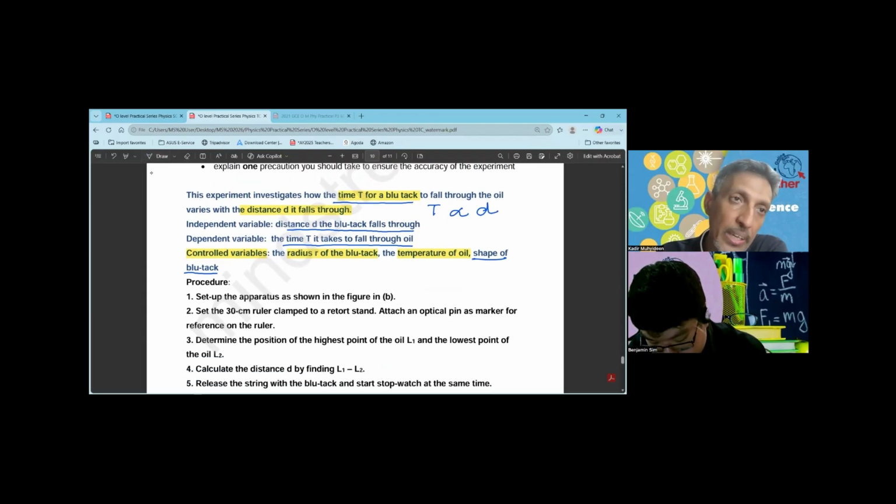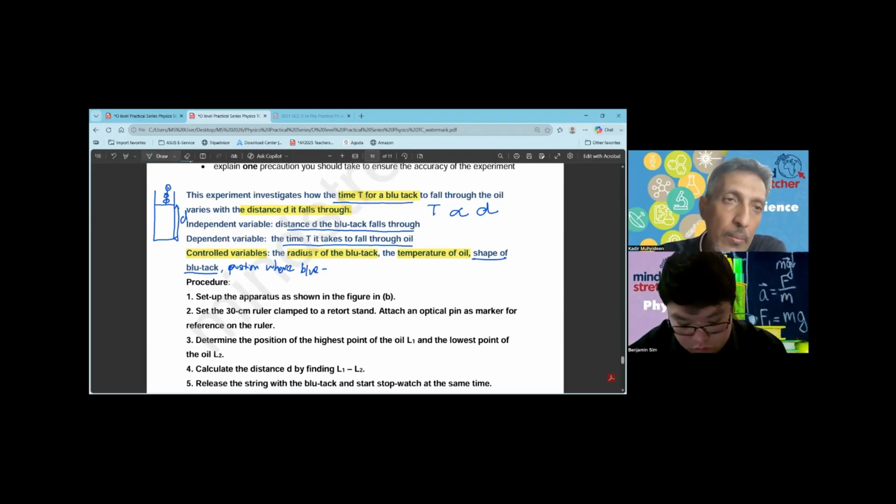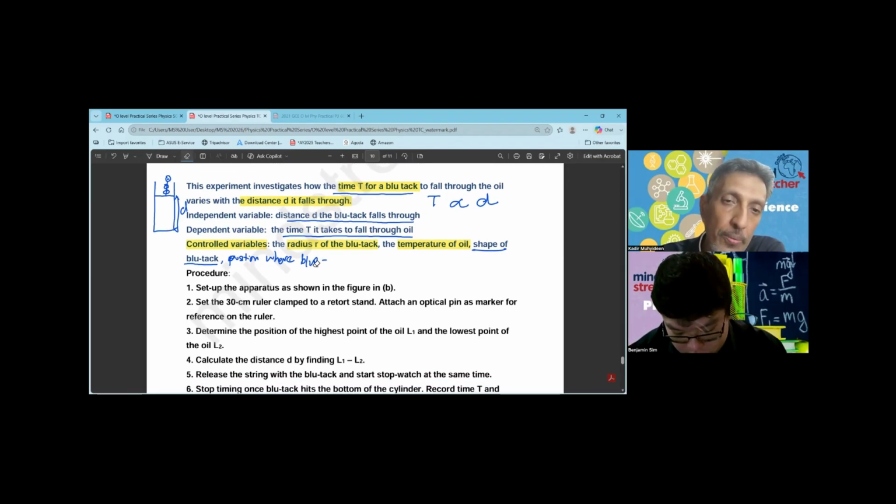Your D is this. This is your D. But where you drop it, if you keep dropping it in different positions, this is another factor that can affect it. Where you drop it: position where the blue tag is dropped.